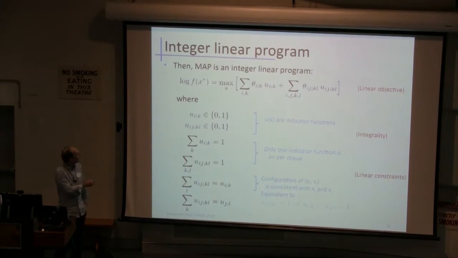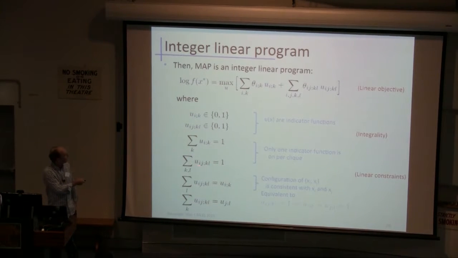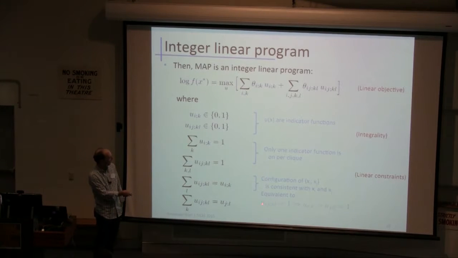And then finally, our indicator variables on pairs ij should be consistent with the singleton variables. So if x_i takes on value k, then one of the entries of u_{ij,kl} should be on. So this is really just a linear way of writing this condition that if u_{ij,kl} is 1, then u_{ik} and u_{jl} should both be 1.